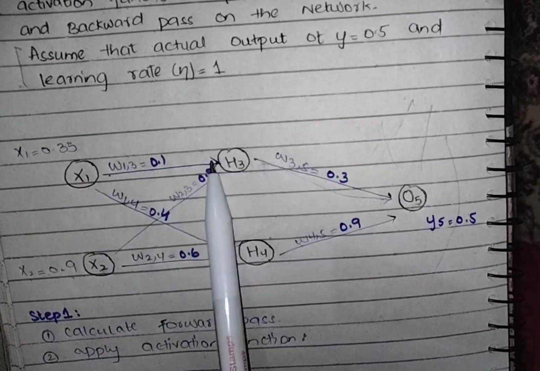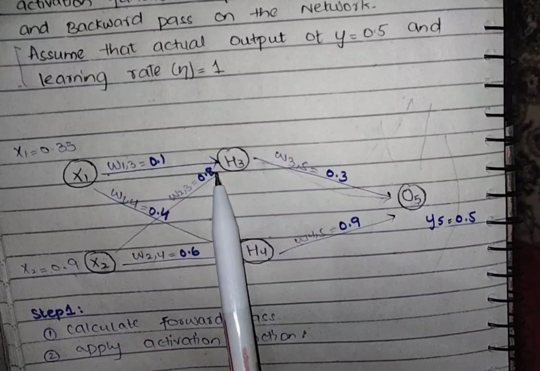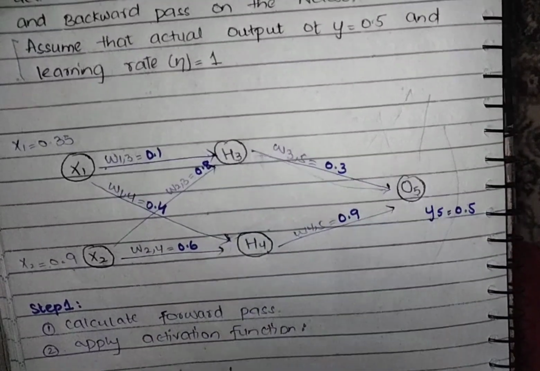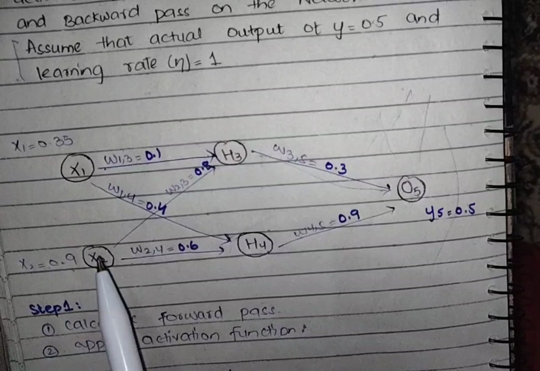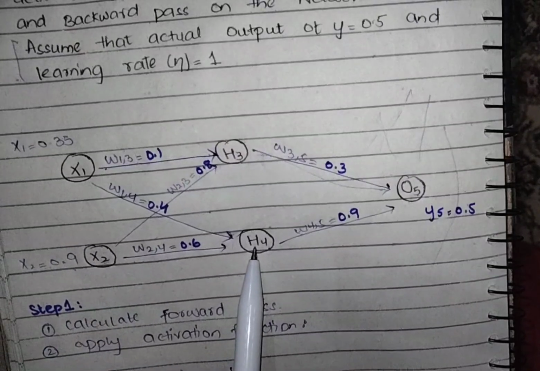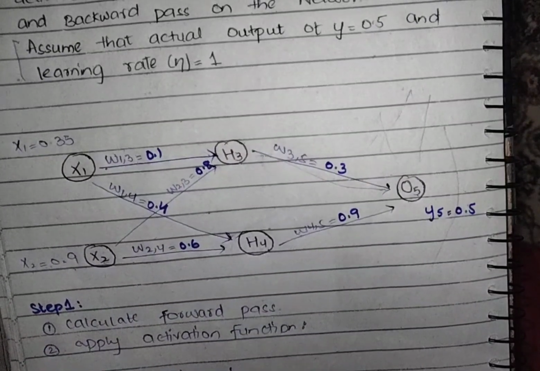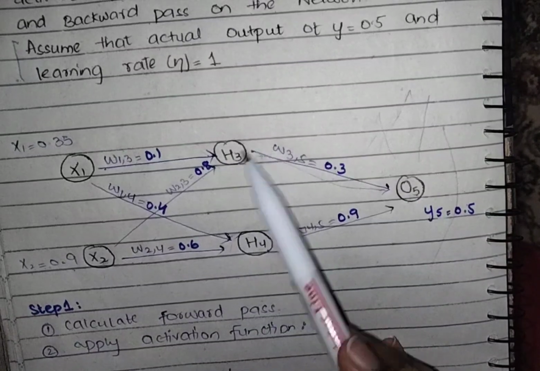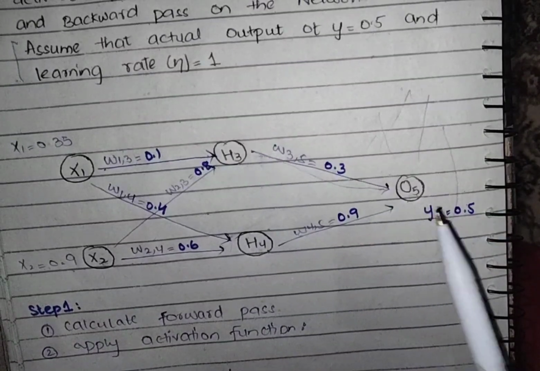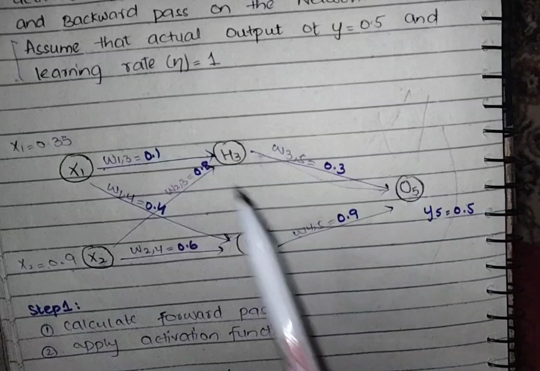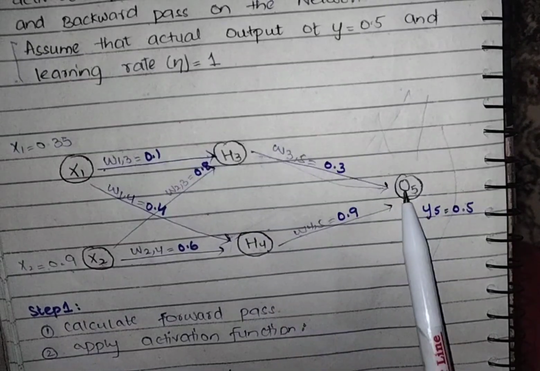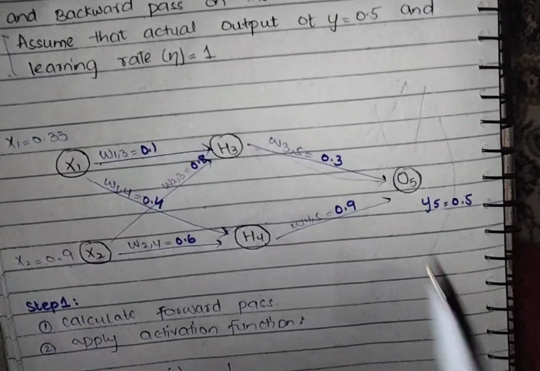Because these two inputs move in the forward direction to give the result of h3, and the same two inputs move forward to give h4. Also, these two hidden nodes move forward to give the output O5. So we will find these three results for the forward pass.